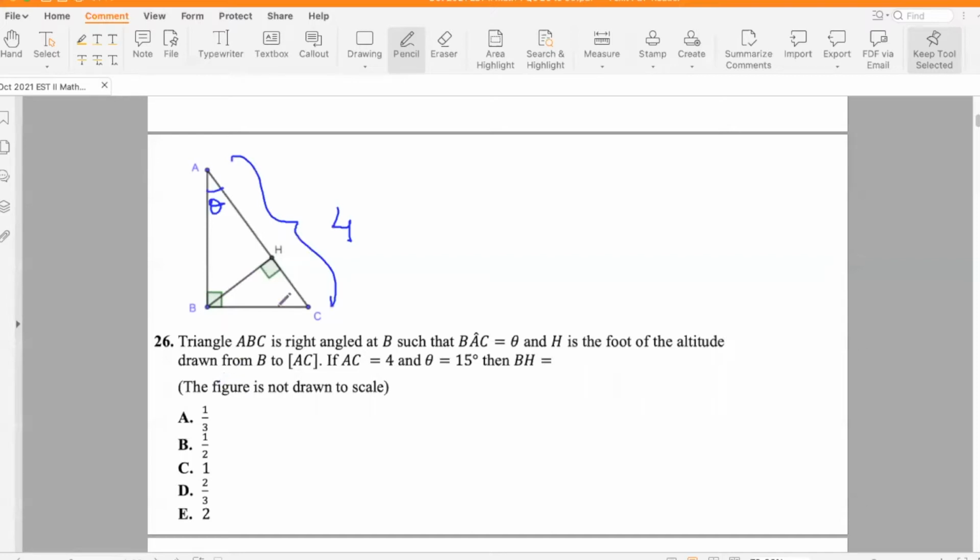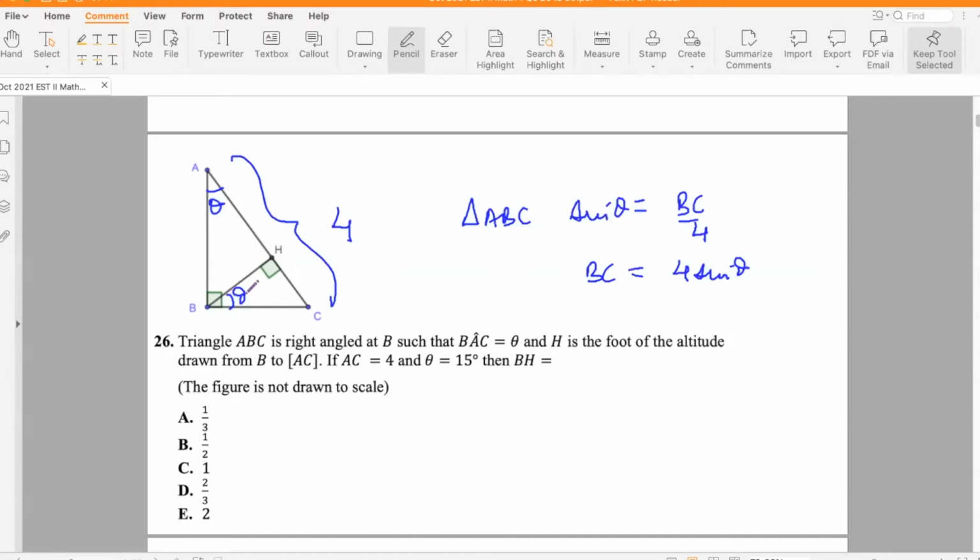Okay, so in the big triangle ABC, I can say that sine theta will be BC by 4. So BC will be 4 sine theta, right? And now if this is theta, then this will also be theta.